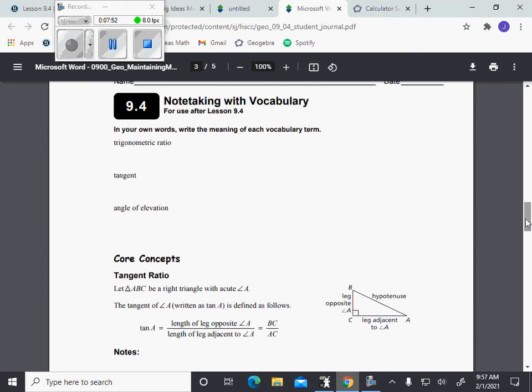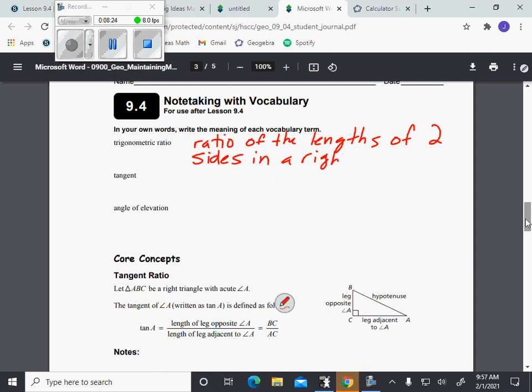The first one, trigonometric ratio. A trigonometric ratio is a ratio of the lengths of two sides in a right triangle.